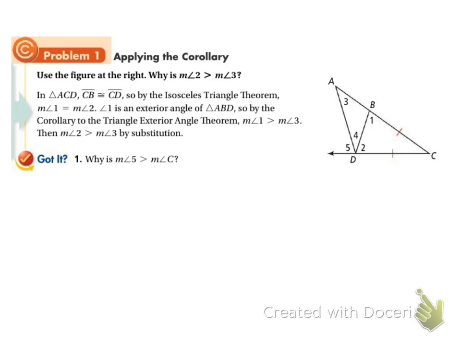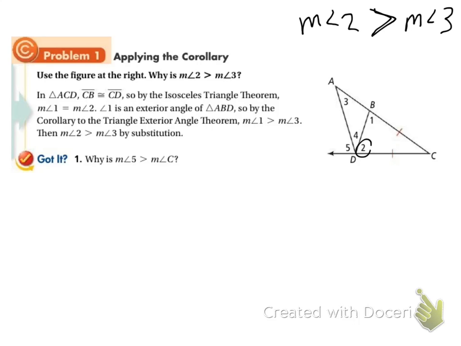So we'll look at their problem and we'll look at our problem here. So they want to know why is the measure of angle 2 greater than the measure of angle 3. So the only thing I can use is the theorem that we just wrote down. So I need to get angle 2 as an exterior angle, and I need to get angle 3 as an interior angle.